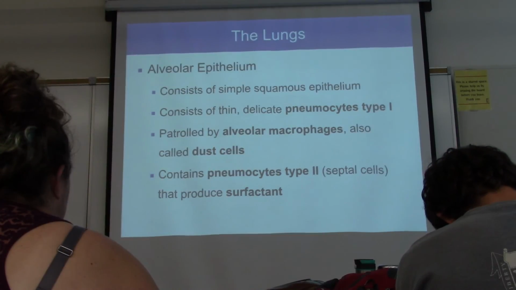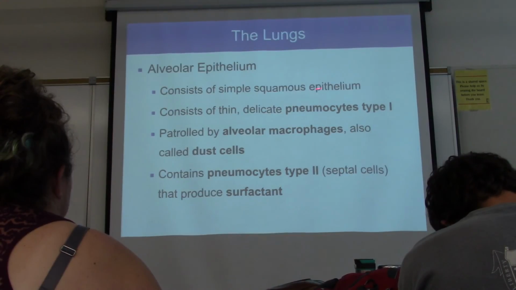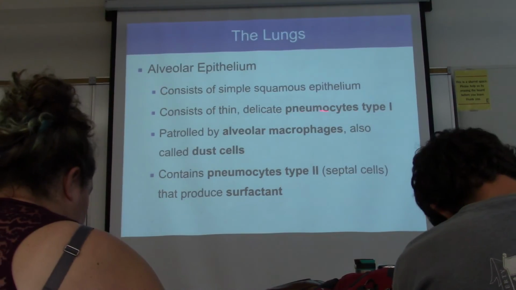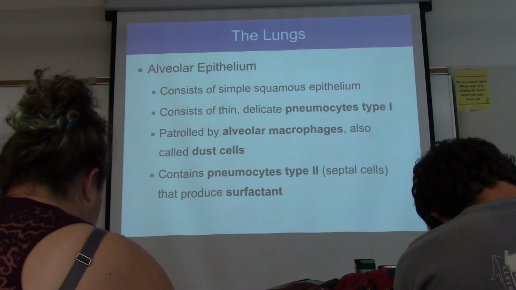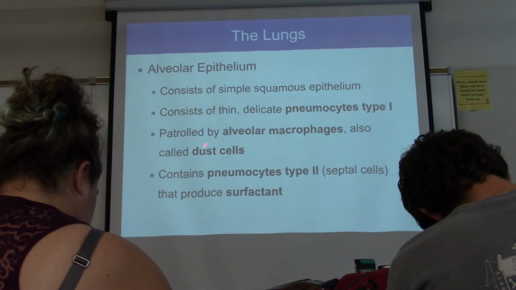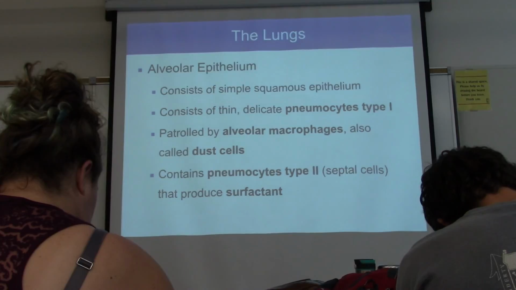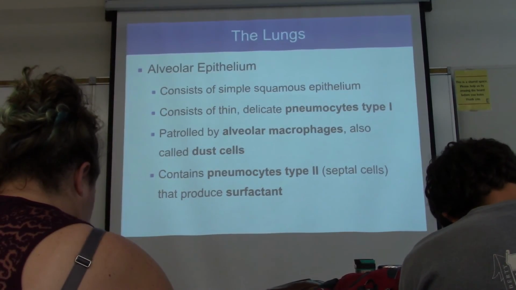Let's talk about that alveolar epithelium that we were just talking about. And remember that most of it is just this simple squamous epithelium, which is called pneumocytes type 1. There's always some alveolar macrophages, also called dust cells, that are going around eating up anything that survived the trip from your nose down to the alveoli.